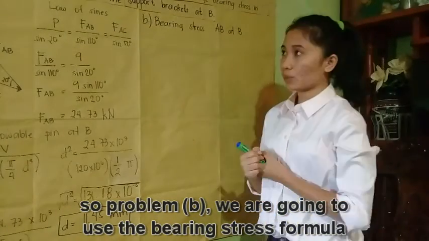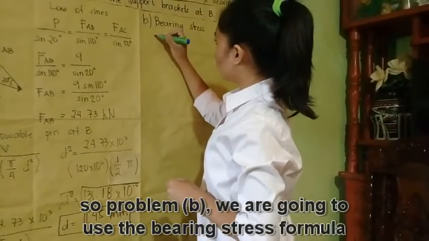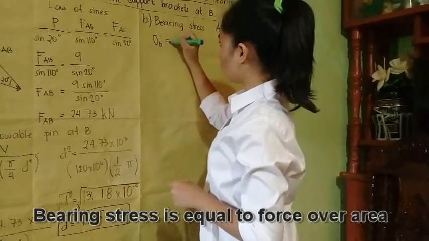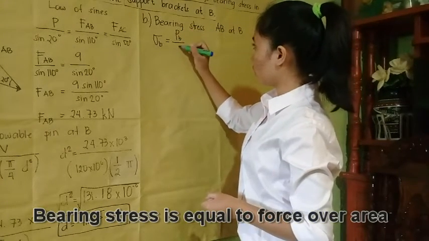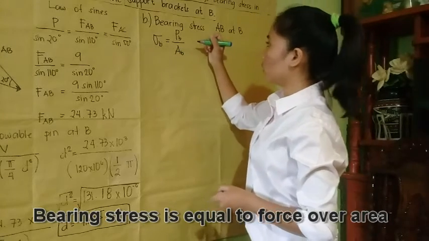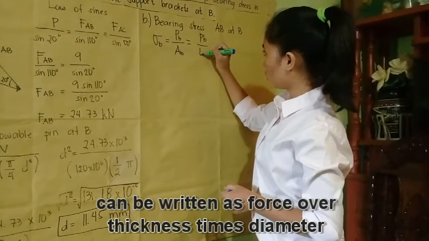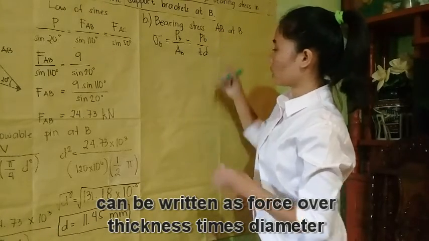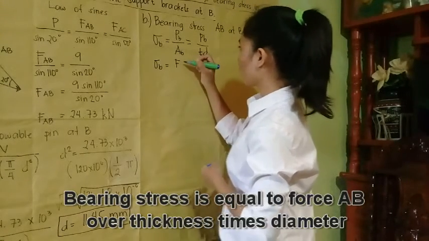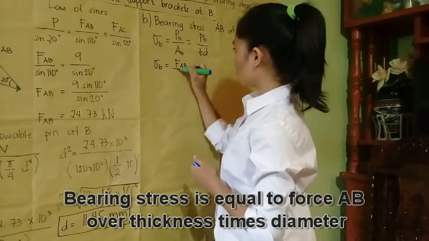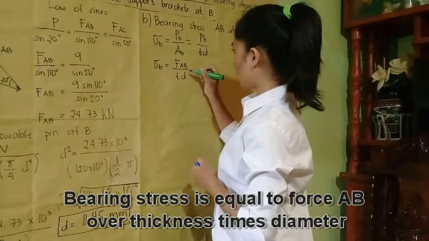So at B, we're going to use the bearing stress formula. So bearing stress is equal to force over area. And this area can also be written as thickness times diameter. So bearing stress is equal to force AB over thickness times diameter.